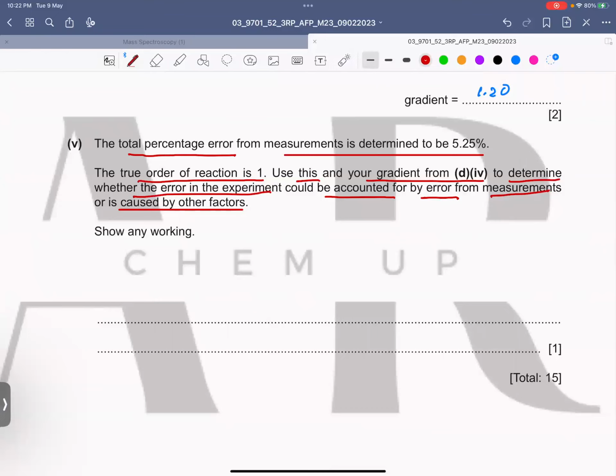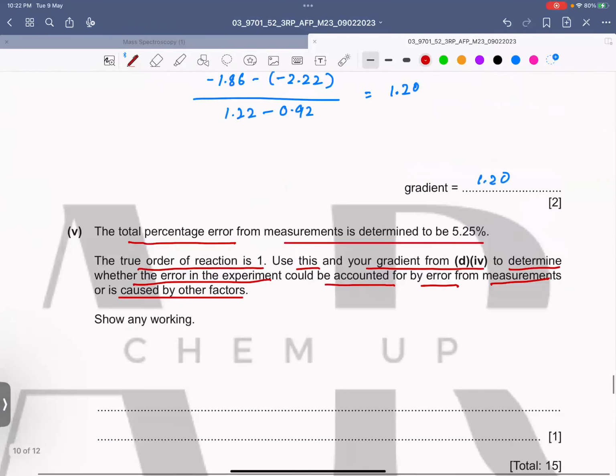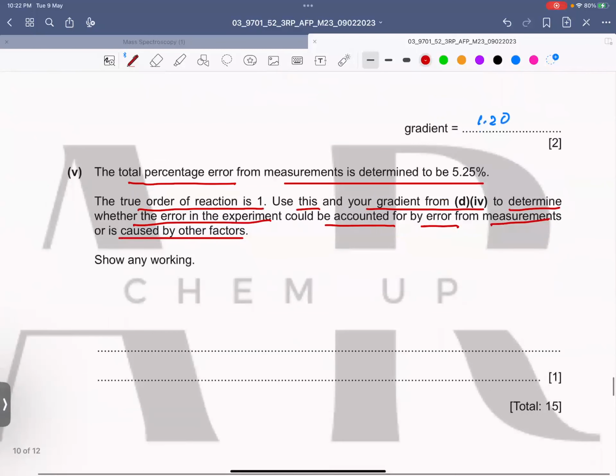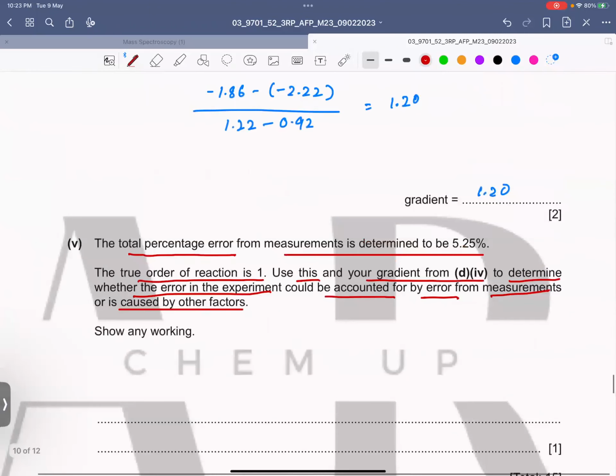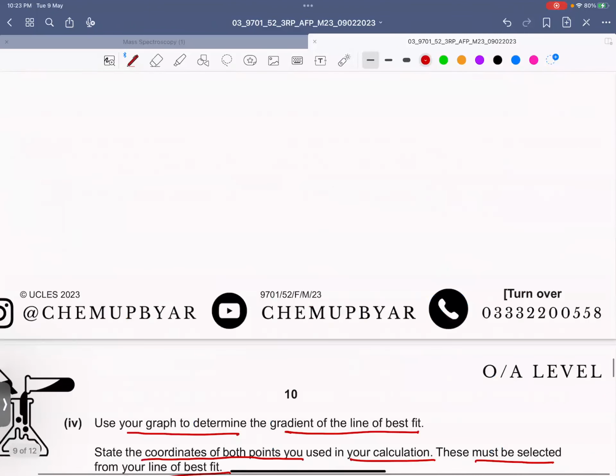The total percentage error from the measurements is determined to be 5.25%. Okay. Use this and your gradient from D4. Where is the gradient? Okay.